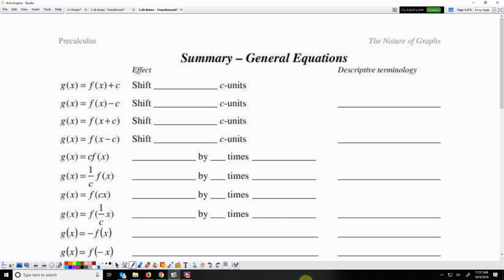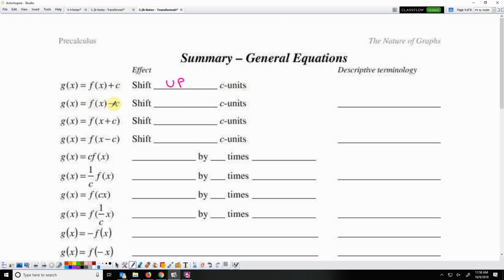Back, we are going to finish up this lesson on transformations within functions. So if we've got g of x equals f of x plus a constant, that means we are going to shift up that number of units. Whatever that constant is, we're shifting up that constant number of units.